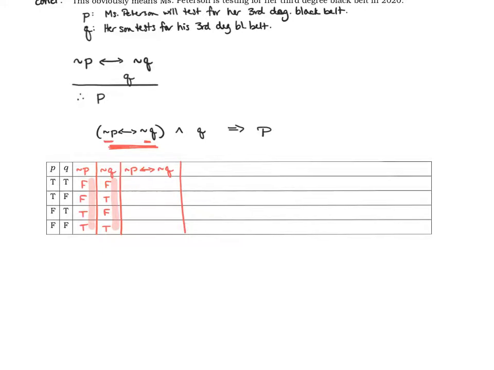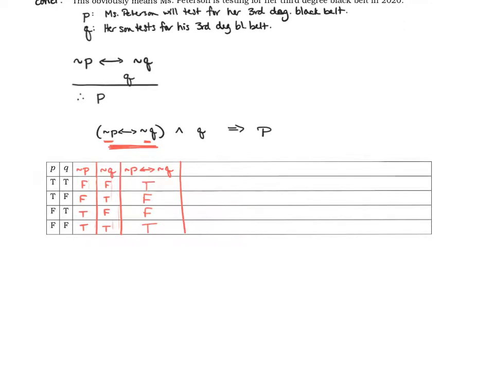Otherwise, it doesn't. So in this case, we have a false and a false. That gives us true. A false and a true is false. A true and a false is false. And a true and a true is true. Okay, so getting rid of my little highlighting part there. All right, so we've got that whole parentheses there on the left.